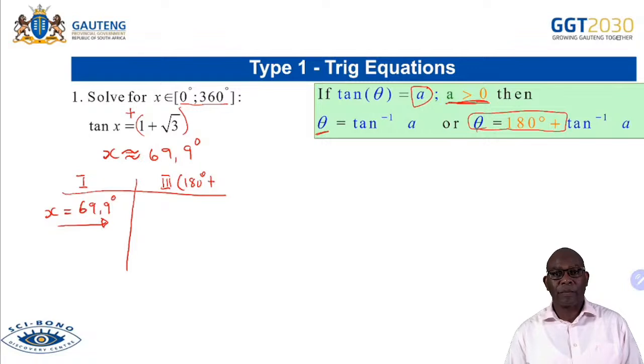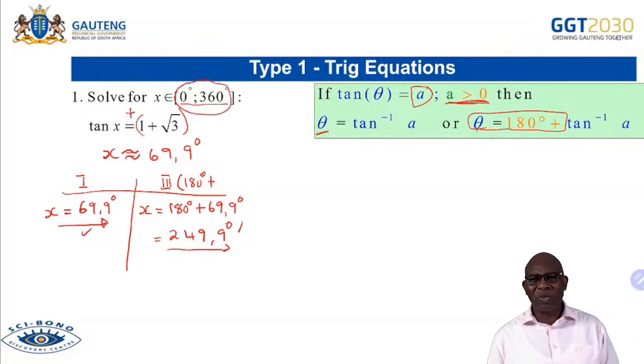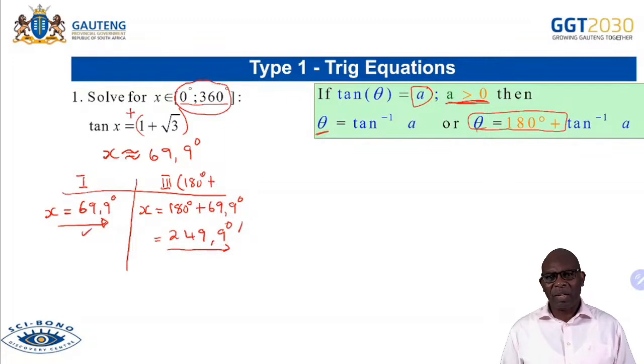In the third quadrant, my solution will be 180 degrees plus 69.9 degrees, which gives me 249.9 degrees, and that's my solution. If I look at these two values here, my answers are between 0 and 360. There's no value which is below 0 and no value which is above 360, because my solution is in those quadrants. Okay. Right. And these are easy marks that we must get in the exam.